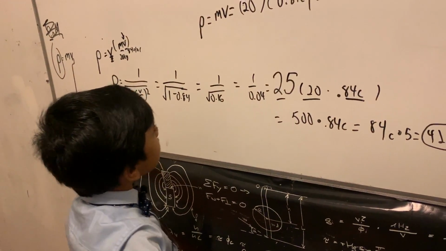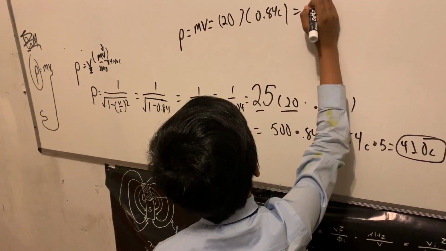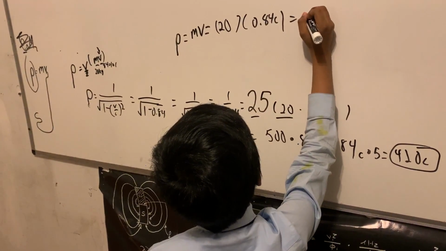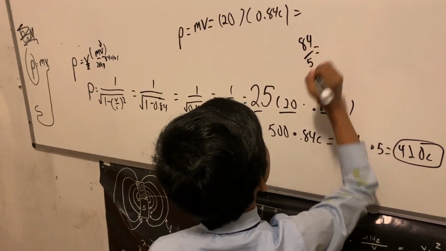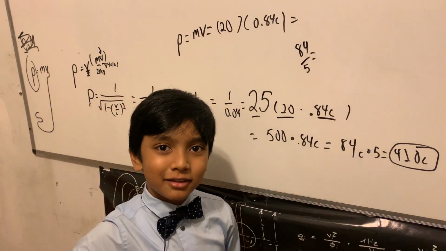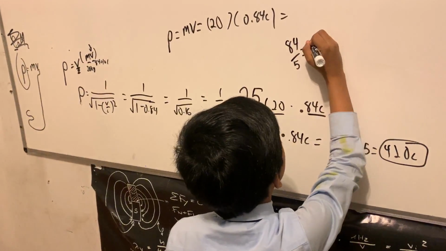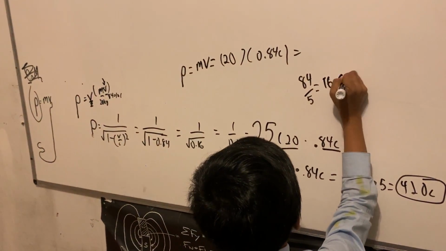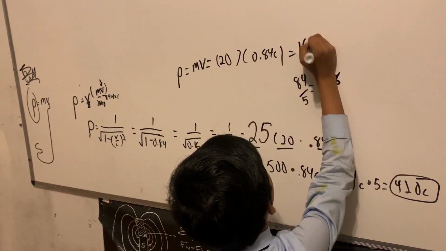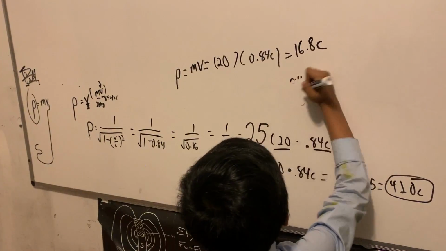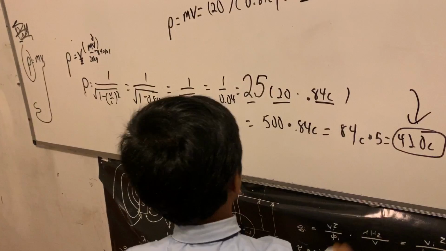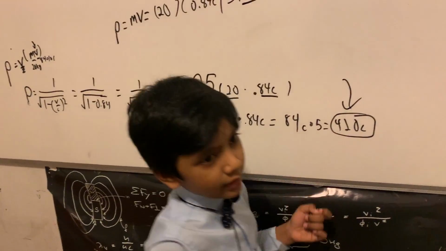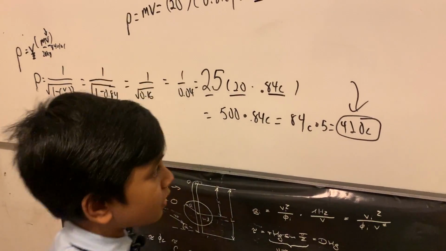So that only gives you a fifth of 100. So what is 84 fifths? Sorry, I'm just doing a bit of math here. That's going to be equal to 16.8. So 16.8c, which is significantly smaller than this beauty that we have conceived right here.